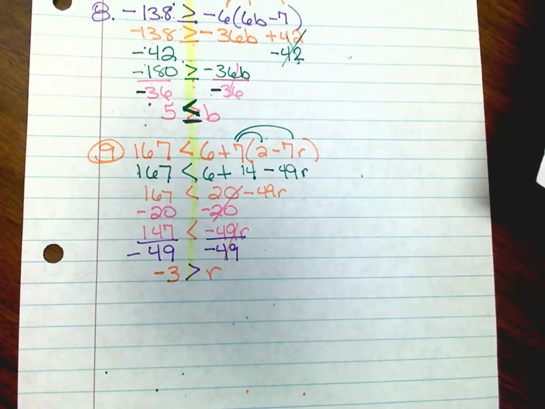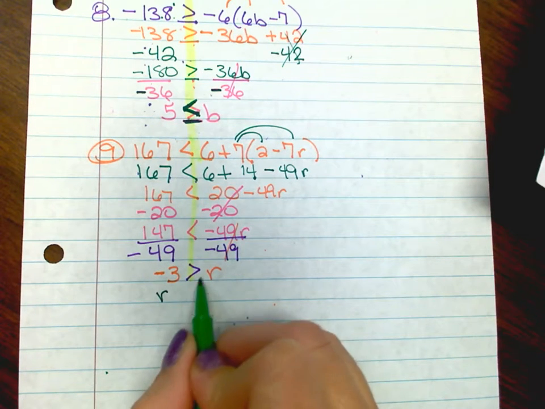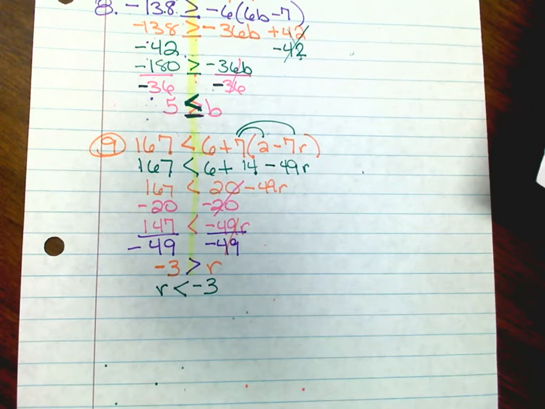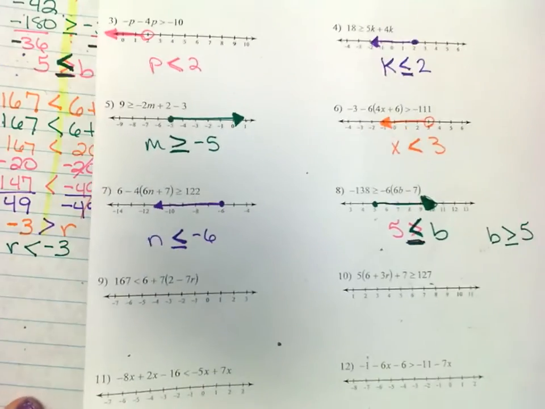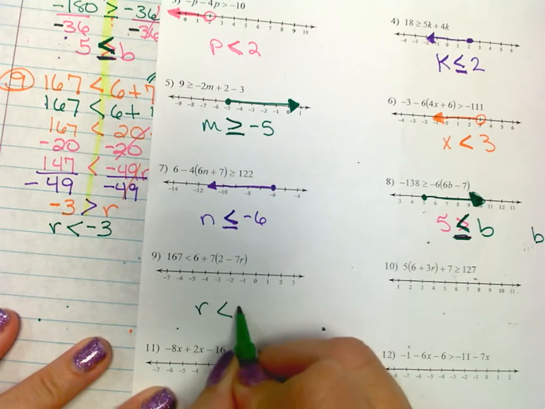And I need to flip everything to get r on the left-hand side. So r is less than negative 3. Okay, so let's graph it. r is less than negative 3.